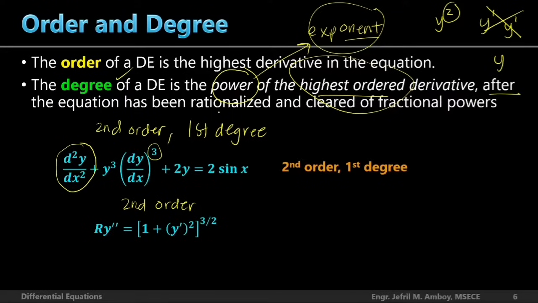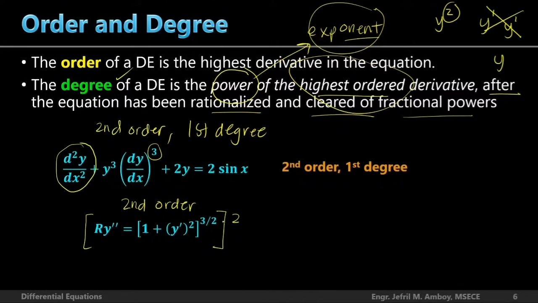After the equation has been rationalized and cleared of fractional powers. So, in this differential equation, we have an exponent that is in fraction form. So, before we classify the differential equation, kinakailangan walang fractional exponents. And how are we going to eliminate this fractional exponent na 3 halves? So, what we will do is we can actually raise both sides of the equation to 2.